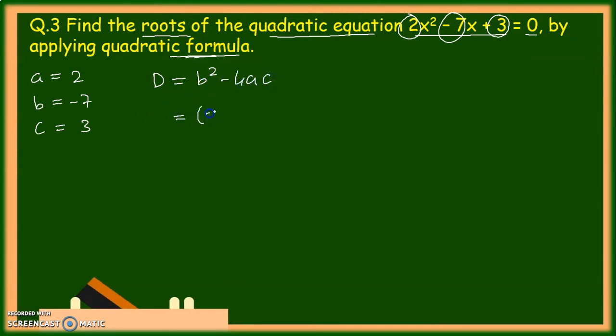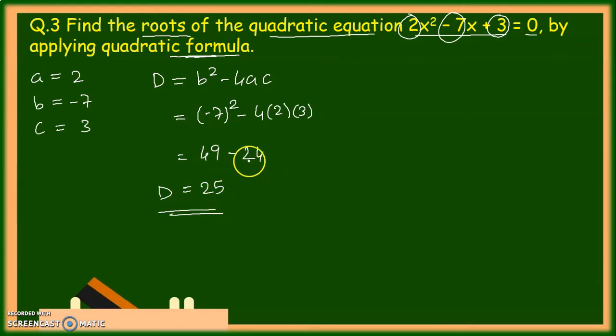So b is minus 7, minus 4, a is 2 and c is 3. So this is minus 7 square, that will be equal to plus 49, minus 4 into 2 is 8, multiplied with 3, that is 24. So here we get the value of d as 25.